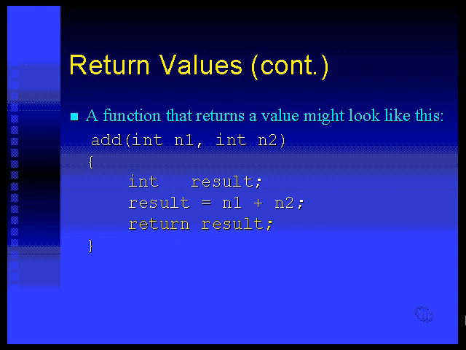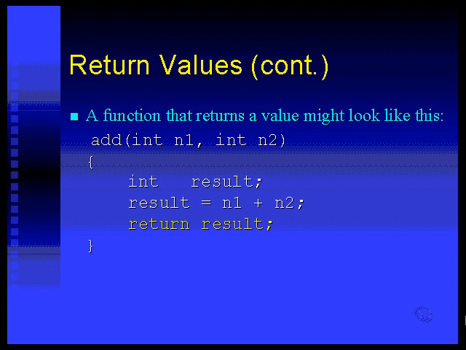Then, and that's the crucial step in the process, we use the keyword return, and then we specify the value that we're going to return, which would be in this case result. By using the word return, we are causing the value that is stored in result to get passed back to the calling function, say main or wherever we called it from.